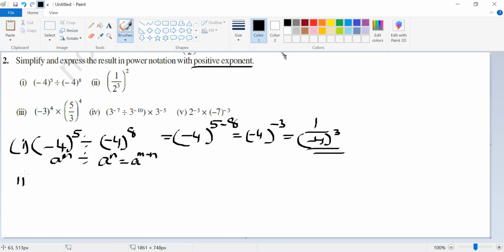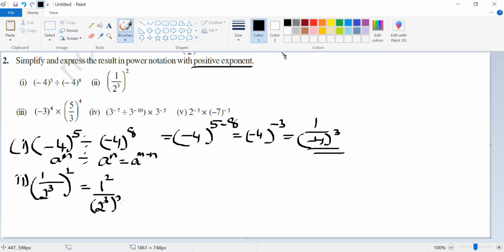Second one, 1 by 2 cube, the whole to the power 2. So split it. So 1 raised to 2 divided by 2 raised to 3 whole raised to 2.